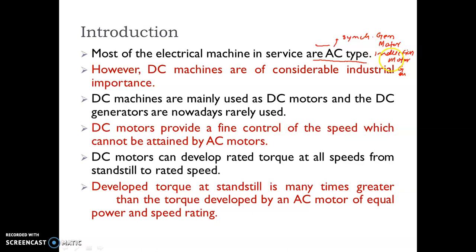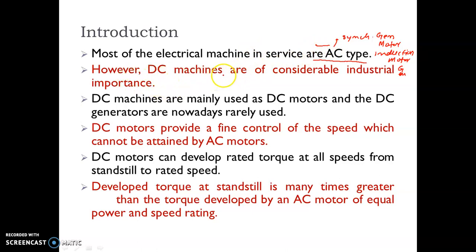That is also AC in nature, which we use in our homes, like the electrical fan, which is a fractional horsepower machine. These small machines we will study in the AC part, in your coming semester. This is basically for the third semester.